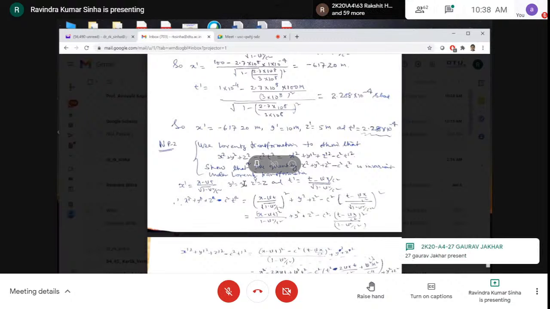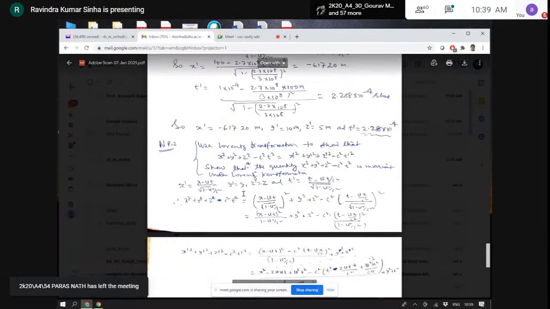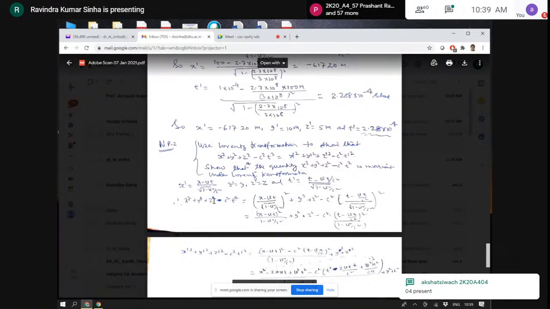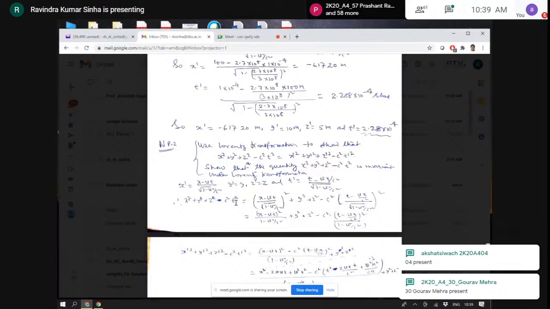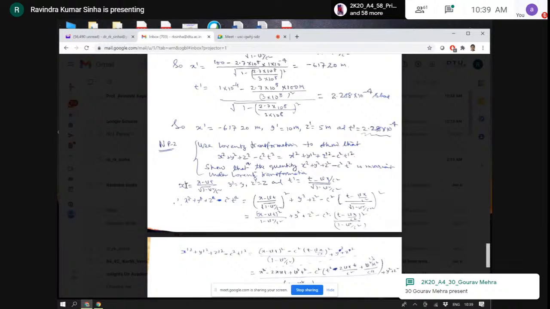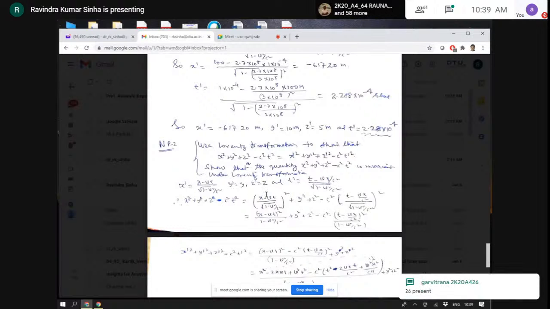Y dash will be this because there is no movement. T dash is equal to this much. So what we are doing, we are using x square plus y square plus z square, x dash square plus y dash square plus z dash square minus c square t dash square. Okay. So what is x dash? In place of x dash, you will be using this Lorentz transformation.